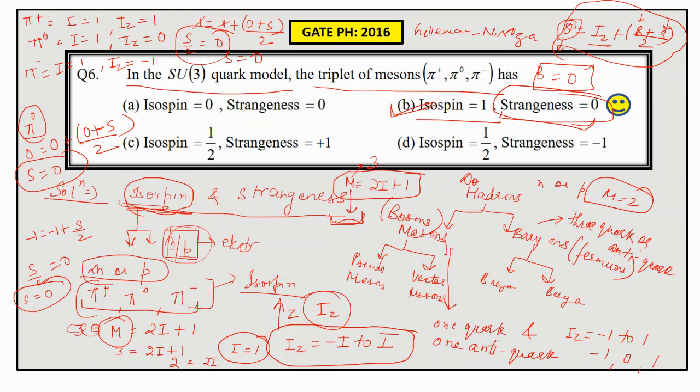Then from 2I plus 1 you will get I, and you know Iz varies from minus I to I. So you will find the I and Iz value for each triplet, and put the values in the Gell-Mann Nishijima formula. You will get the strangeness of each particle.